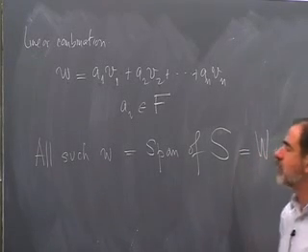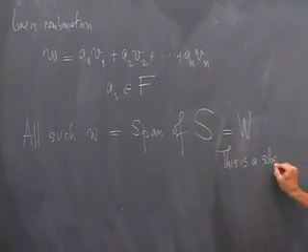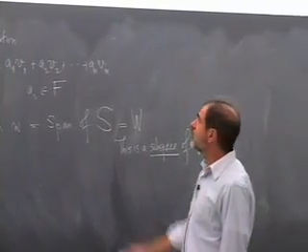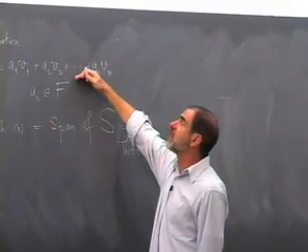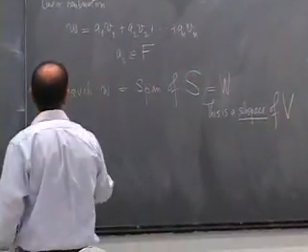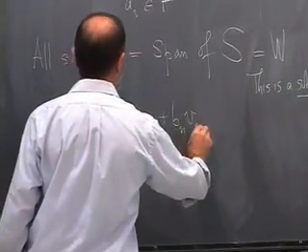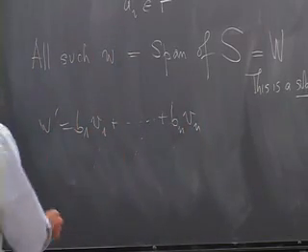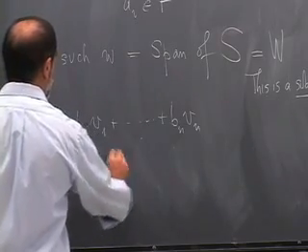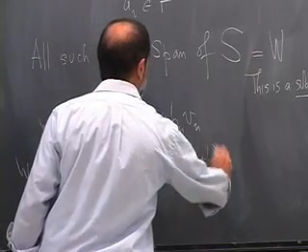And the proposition or the observation is this is a subspace of V, closed under addition and scalar multiplication. Well, if you have two vectors of this form and you add them, you clearly get another vector of the form. So if you have a W prime, let's just check that. W prime is b1 V1 plus through bn Vn. And if you use the associative law or the distributive law of addition, you find that W plus W prime is (a1 plus b1) times V1 plus through (an plus bn) times Vn.